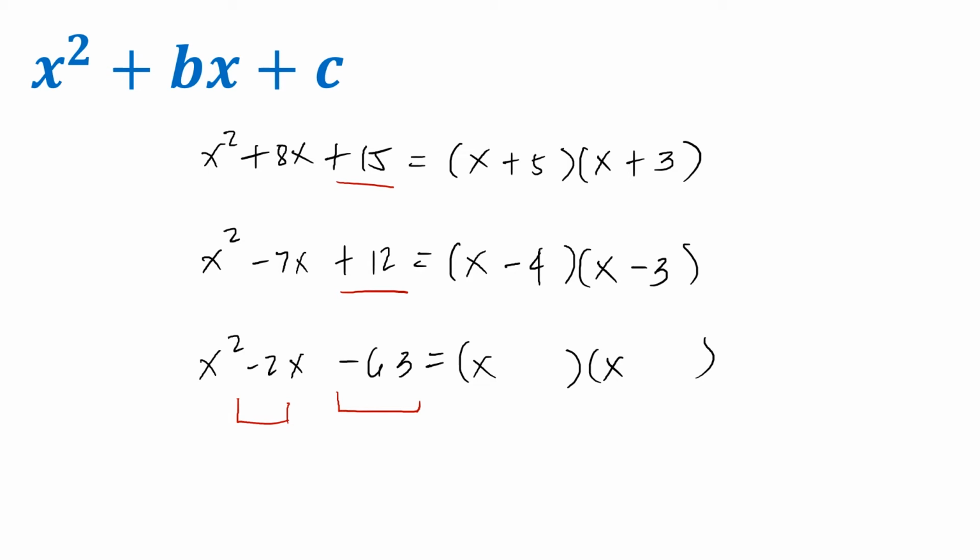And since the sum is negative, then the one with the larger absolute value is negative. So I'm thinking of negative 9 and positive 7. Negative 9 times 7 is negative 63, and negative 9 plus 7 is negative 2. So we have x minus 9 times x plus 7.